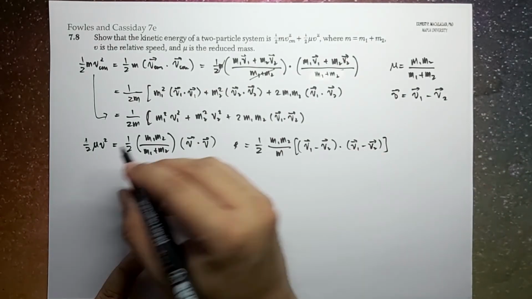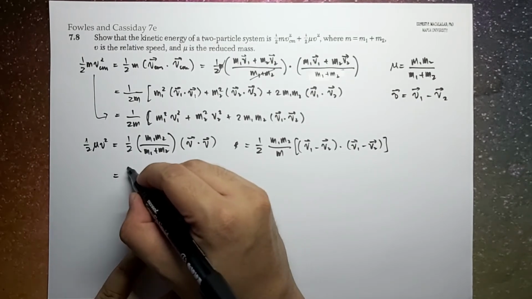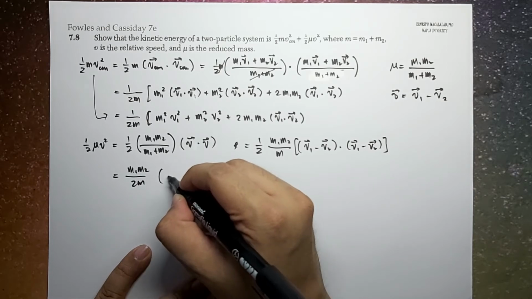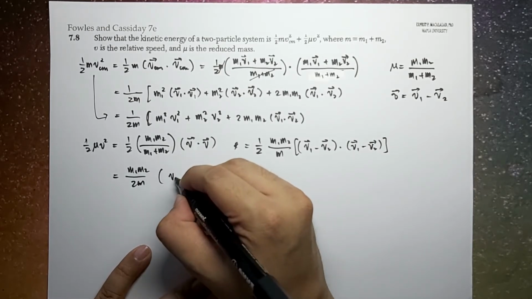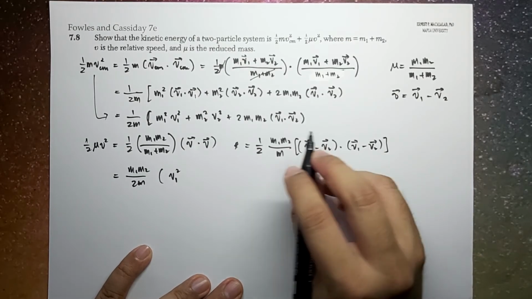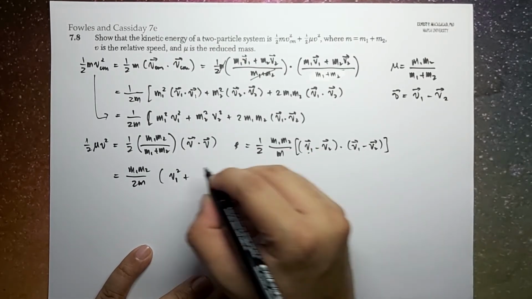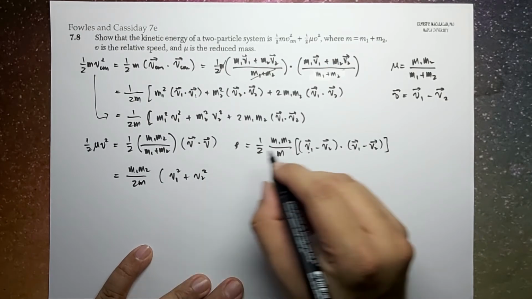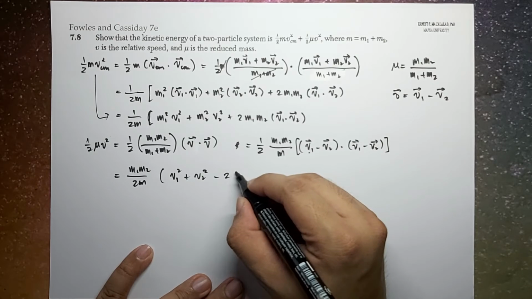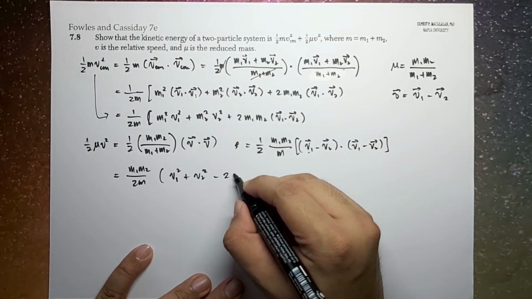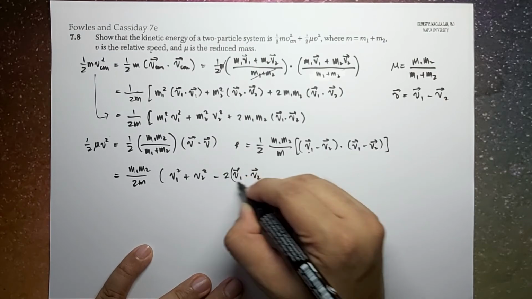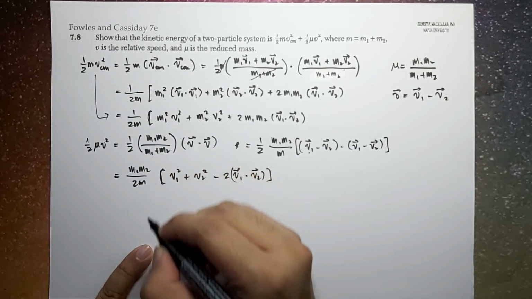Okay, so simplifying this, we now have m1 m2 over 2m times v1 squared, since v1 dot v1 is v1 squared, and then plus v2 dot v2, so that's v2 squared, and then minus 2 v1 dot v2.